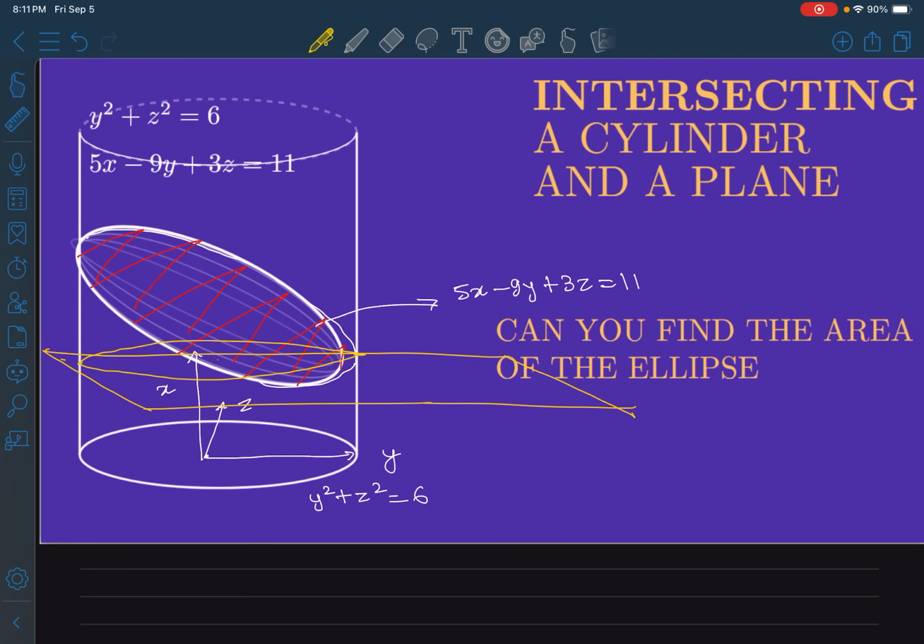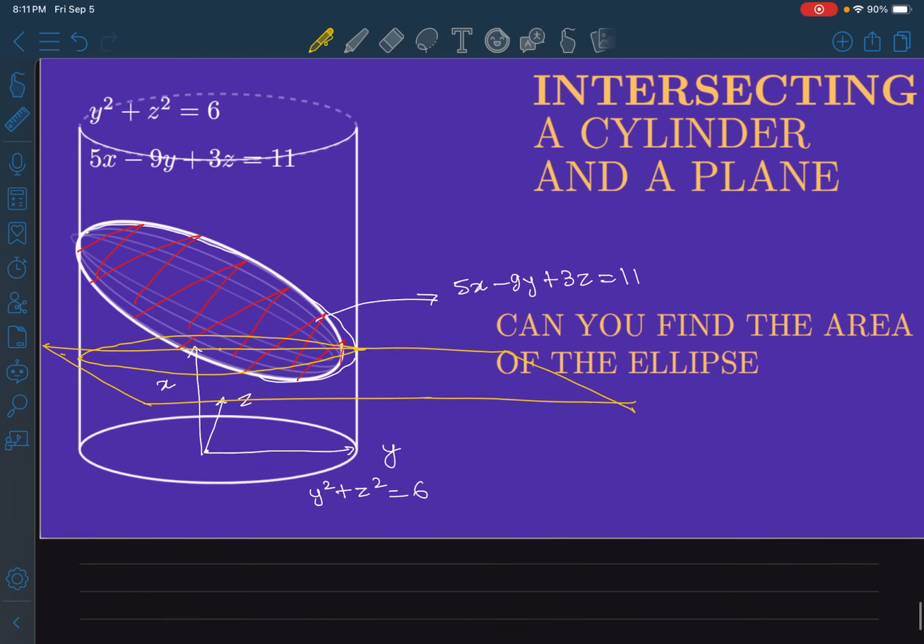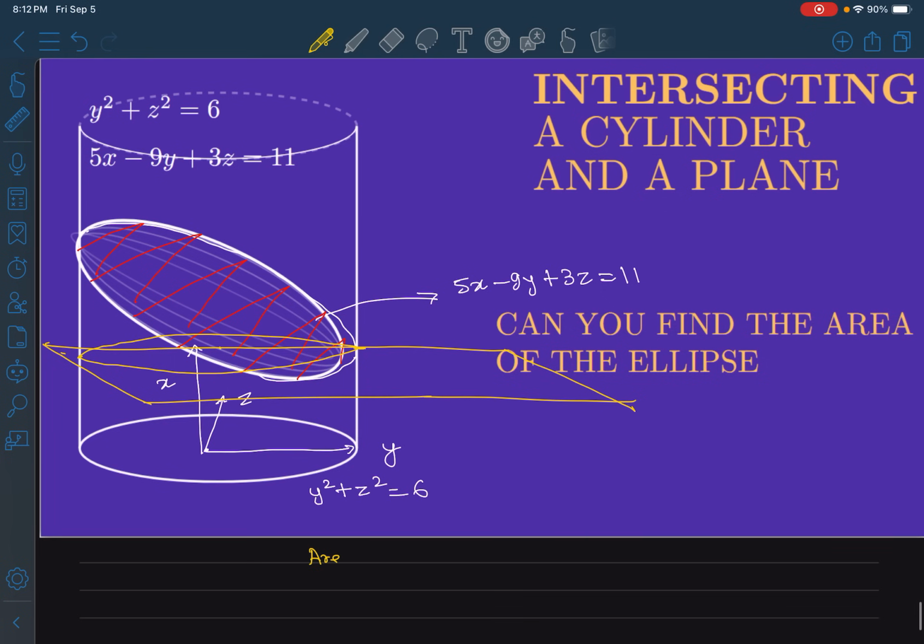And after we know that the projection is a circle, it's easy to find the area of the projection, right?